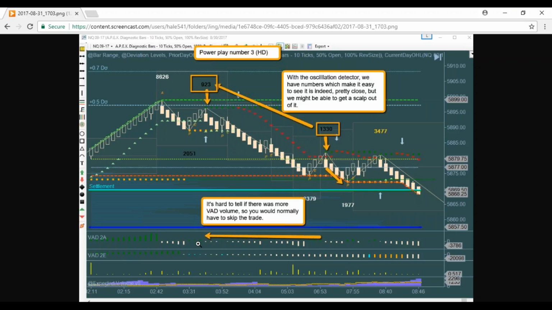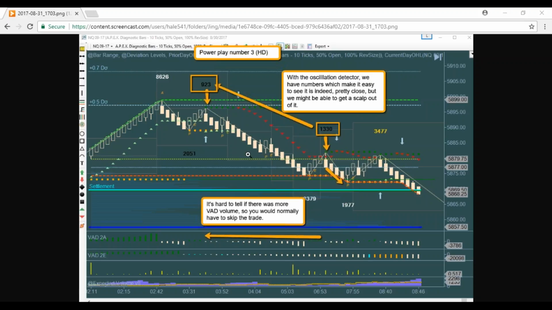It's real easy to compare this VAD to this VAD, or that VAD to that VAD. But have you guys seen that sometimes VAD is so small on those last couple that you have to stretch your chart out? Where VAD is so small, it's kind of hard to really read.